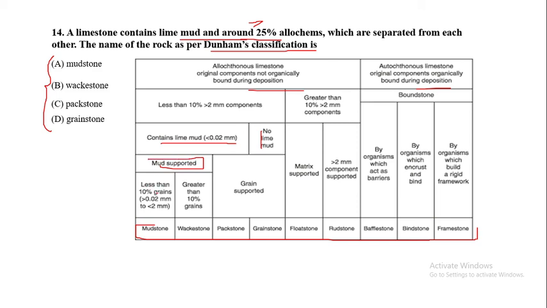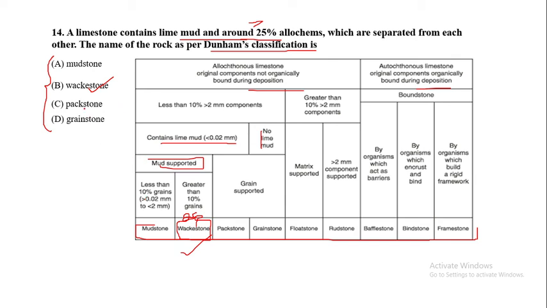If it is less than 10%, then it will be mudstone. Here it is 25, so it is not the answer. Greater than 10% is wackestone. So the lime mud is greater than 10%, that is 25%, then the rock is wackestone. So the answer among these is wackestone. Mudstone will have less than 10% lime mud.